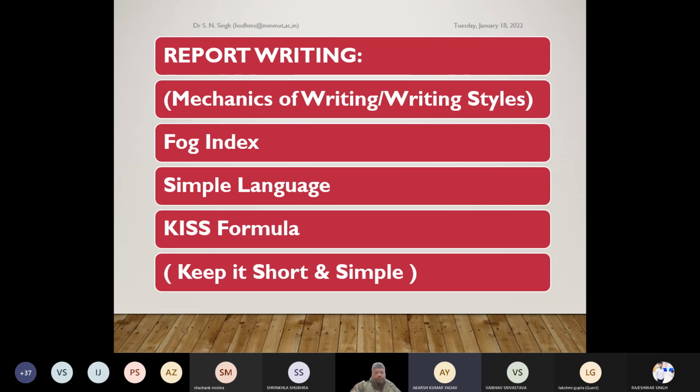Then again, in mechanics of writing, you will find points like the fog index. Many a time we have a feeling that if we are using high sounding words, bombastic language, highly exaggerated language, figurative language, we are doing justice to writing.